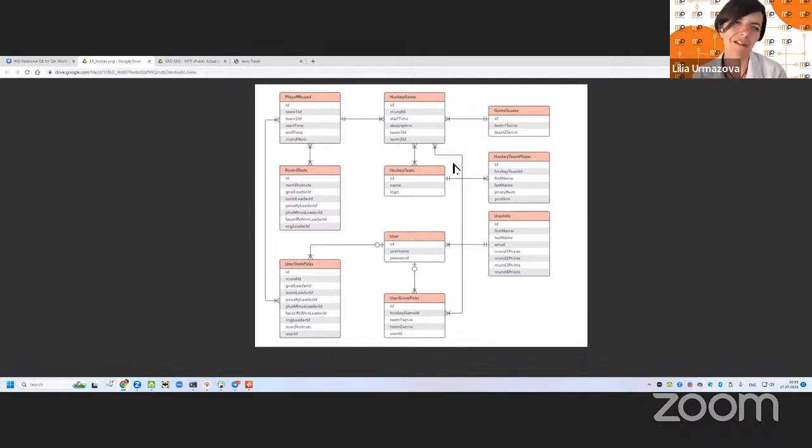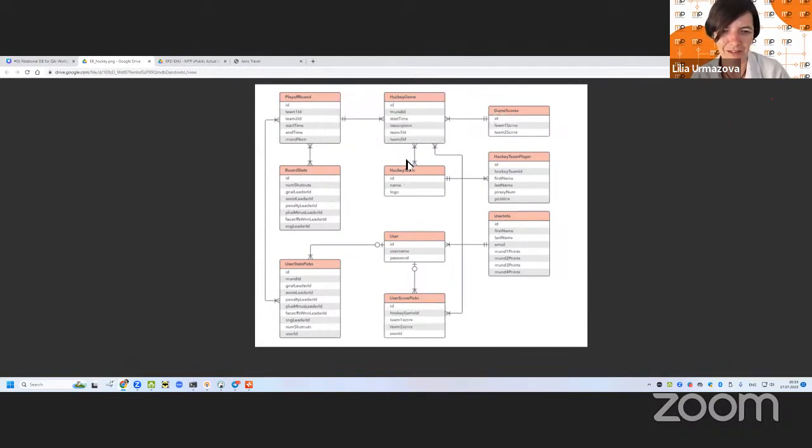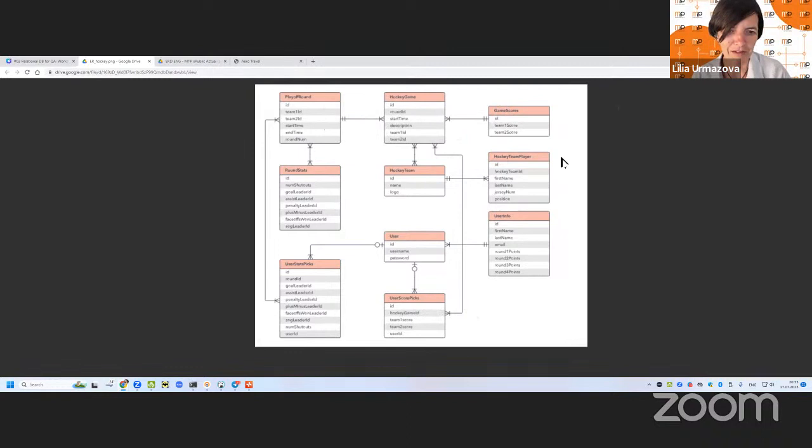So we connected 2 tables 2 times. So that the hockey game is connected with the hockey team by team 1 ID and by team 2 ID, 2 times.